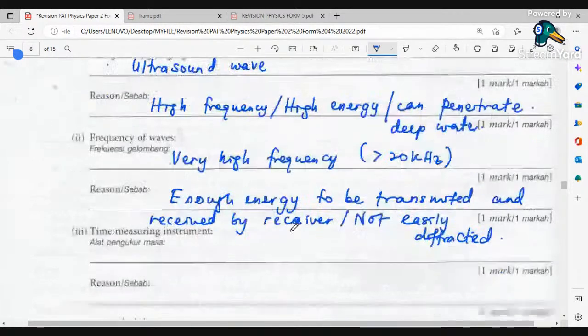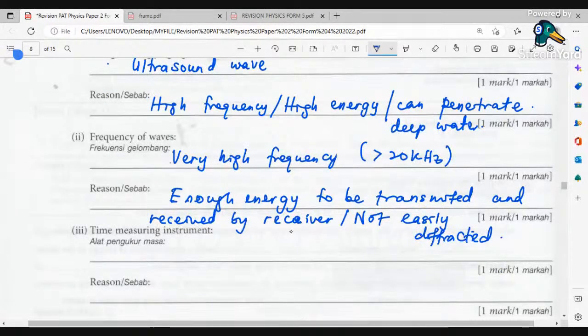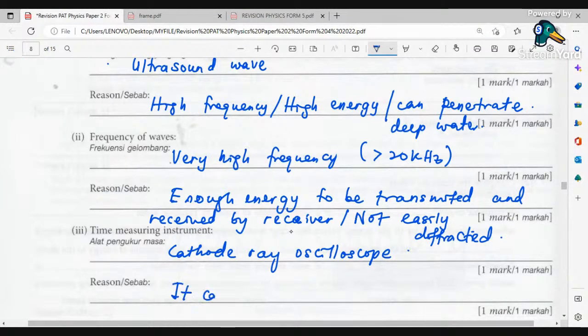Okay. Time measuring instrument. Okay, we use CRO or cathode ray oscilloscope. Why we use cathode ray oscilloscope? Because it can measure very short time interval.